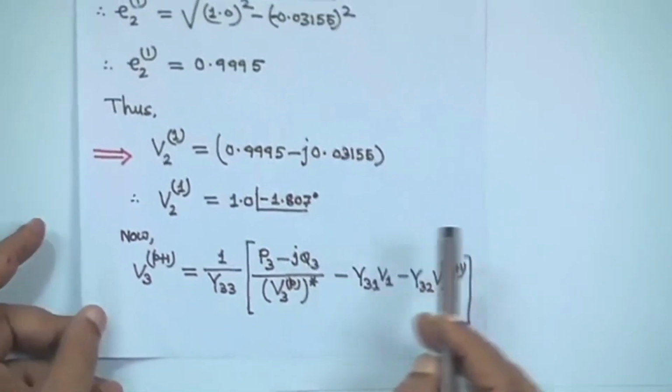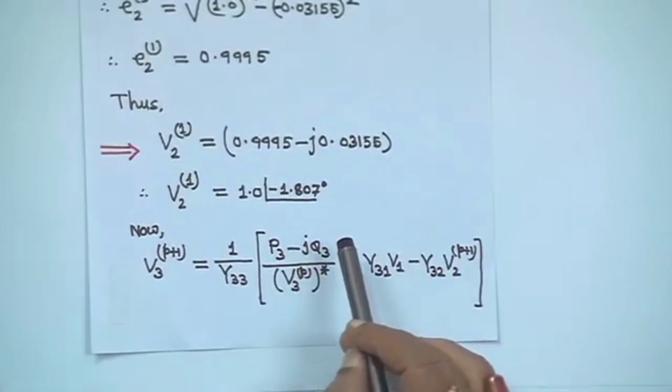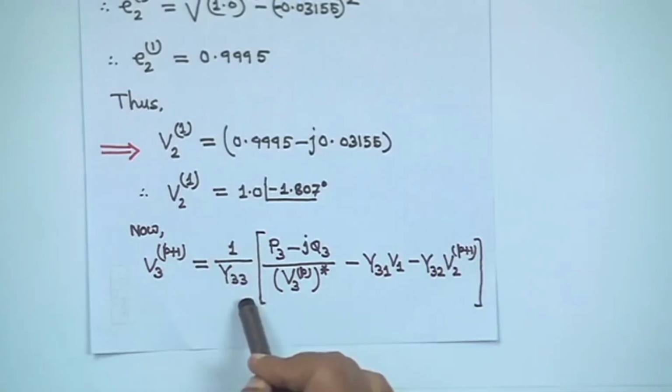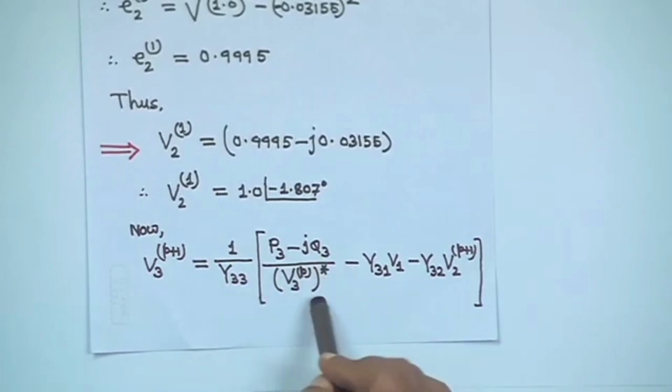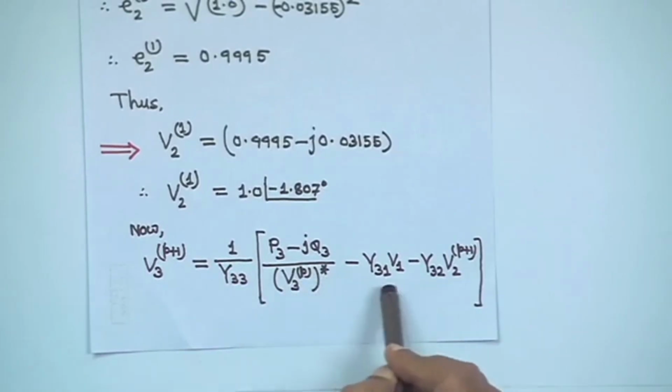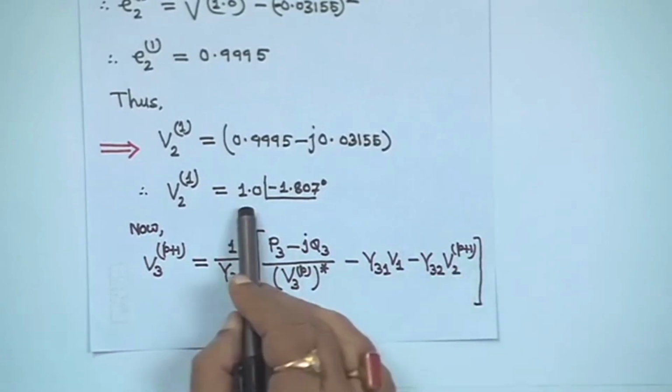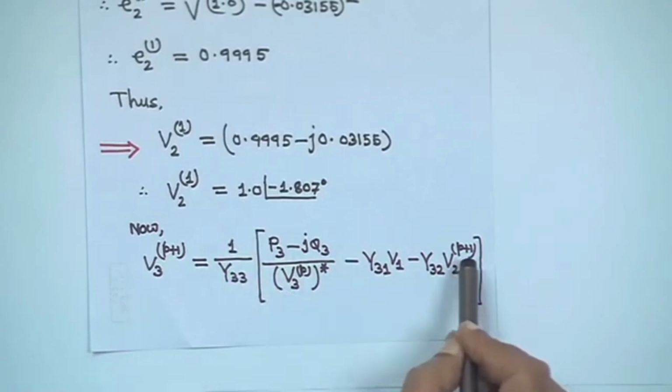Similarly, bus 3 is a PQ bus, so in that case, the same way, you can write the equation: V3^(p+1) equal to 1 upon Y33, times P3 minus jQ3 upon V3^p conjugate, minus Y31 V1 minus Y32 V2^(p+1), because V2 is already computed. So, we are writing V2^(p+1), not V2^p, right.